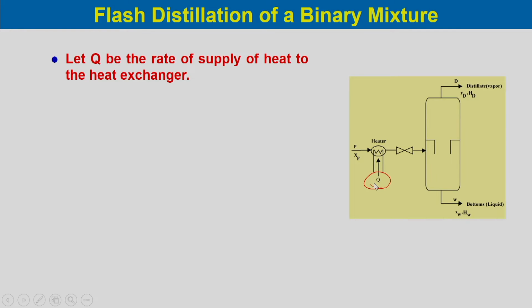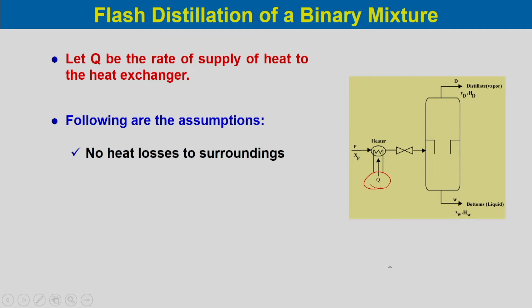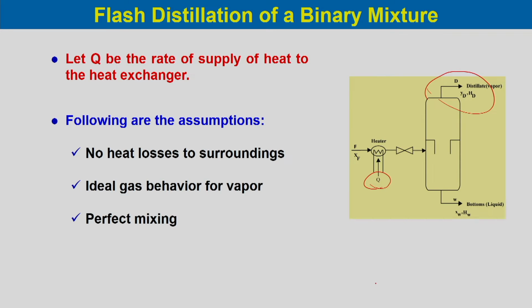Let it be Q. Now, we make the following assumptions: no heat losses to the surroundings, so it is an insulated system; ideal gas behavior for the vapor, so the vapor generated here is ideal in nature; and perfect mixing between the vapor and liquid.